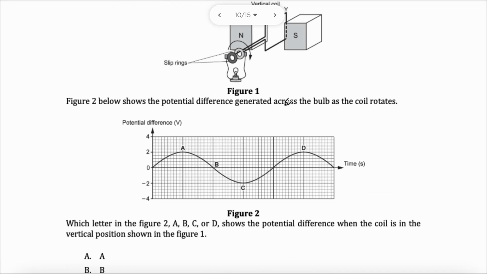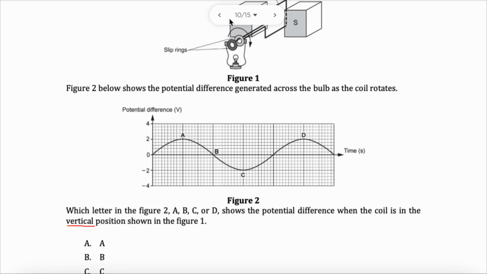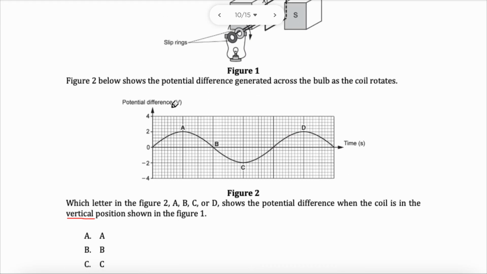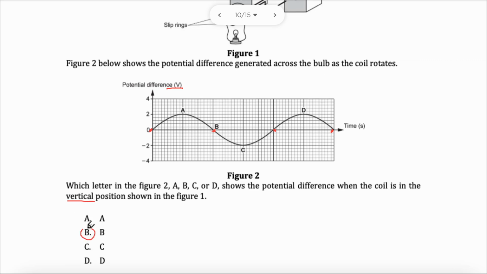And here we have a graph. Now, where do we have the vertical position? Vertical position, I've already said, is supposed to be minimum. Vertical position will be a minimum EMF, the voltage induced. Minimum EMF is at 0. There are 4 points where I should see 0, and only one of the points has been labelled, as B. So the answer is B here.